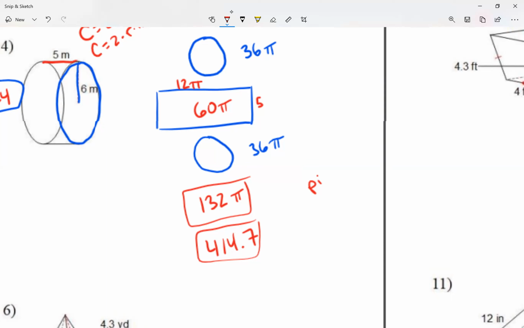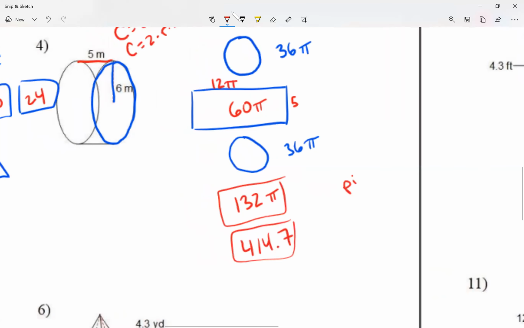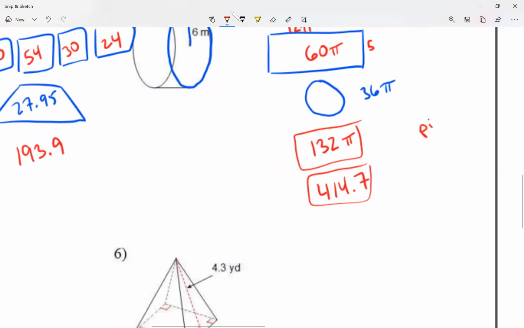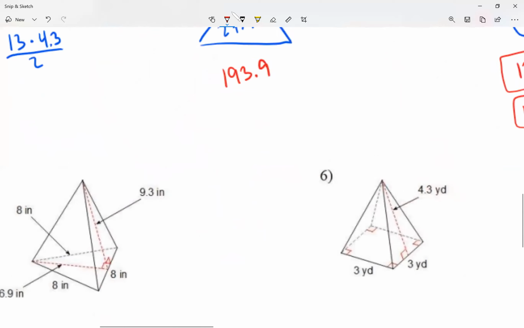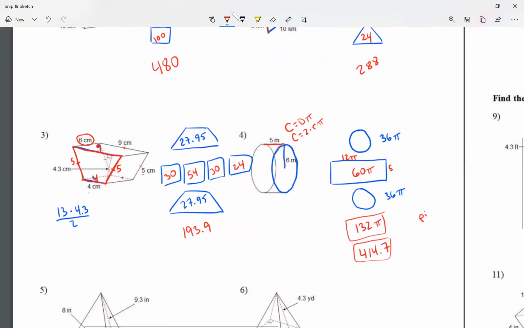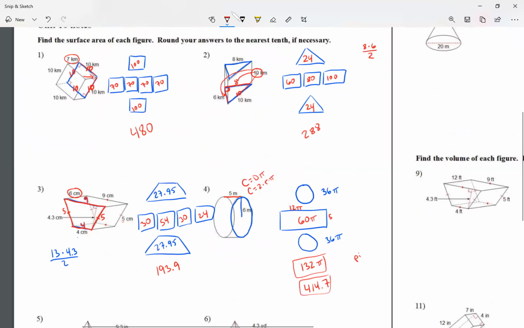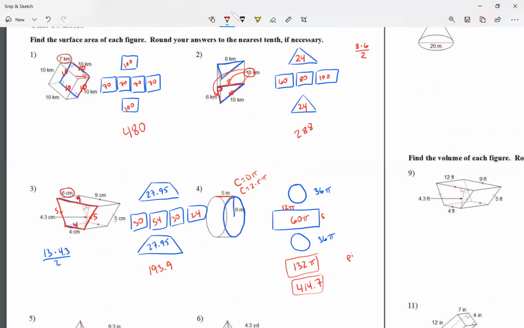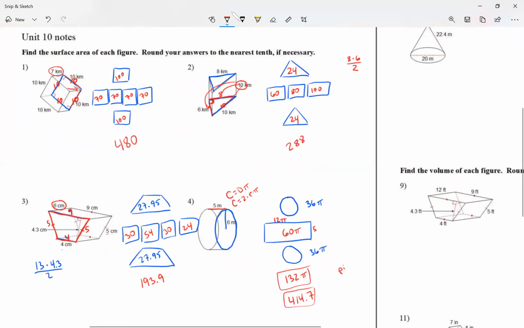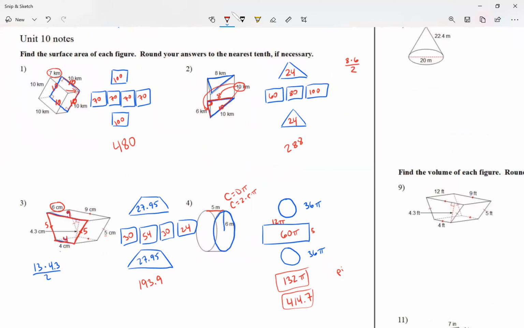If you type in 132 times pi, it starts working as a calculator. So you can just type it in there. You have a calculator with you. All right, let me do just that. There we go.